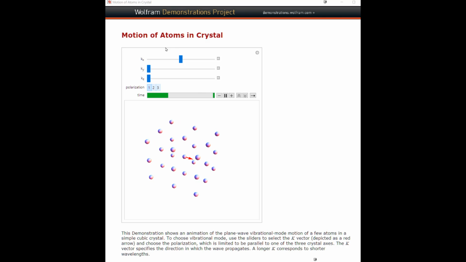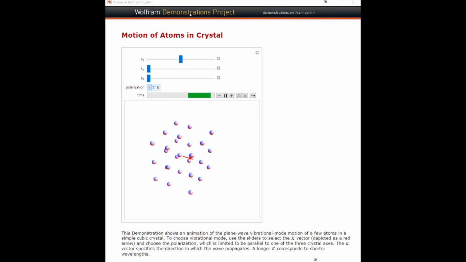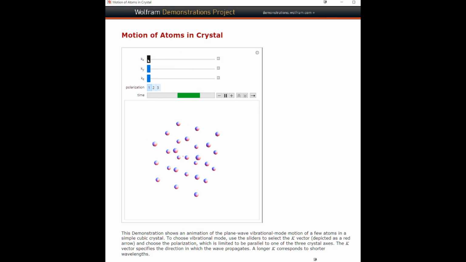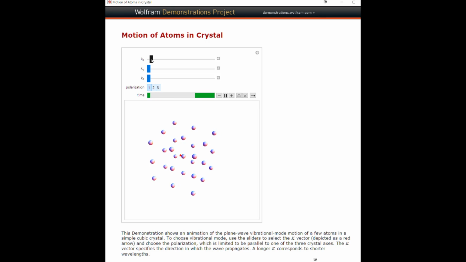So this is a Wolfram Demonstrations Project. This is something in Mathematica that you can try. What I'm looking at is a crystal, and I'm going to change the k values, and we're going to see how that looks throughout the crystal. If I have a very small kx, this corresponds to a very long wavelength.